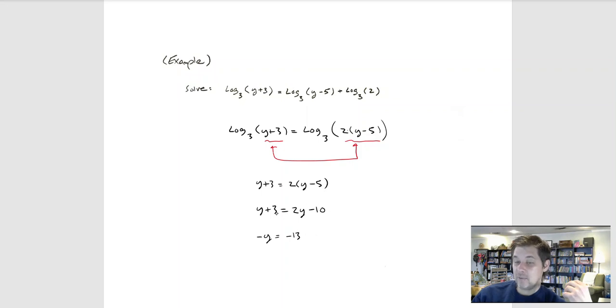Negative 10, take away 3. And then to solve all the way for y, if I multiplied both sides by negative 1, or divided both sides by negative 1, either way, I get that y is equal to 13. Does 13 cause a negative anywhere up here where it shouldn't? No, so 13 is okay. 13 is the answer. All right, there you go.